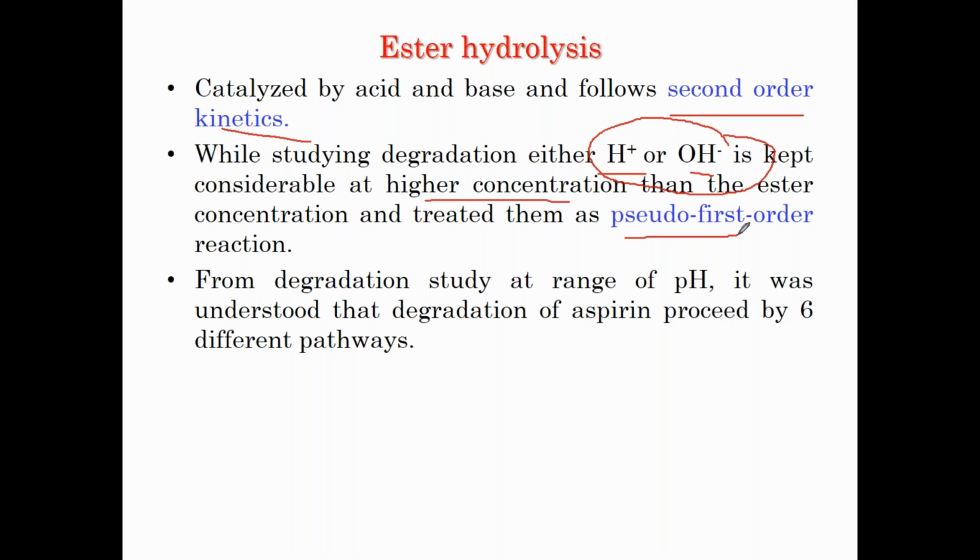I gave you an idea last time also: if two reactants take part in the degradation process and one reactant's concentration is always on the higher side, though there are two reactants, it behaves like one reactant. That's why it is called a pseudo first order reaction. The example of this degradation is acid and base ester hydrolysis.